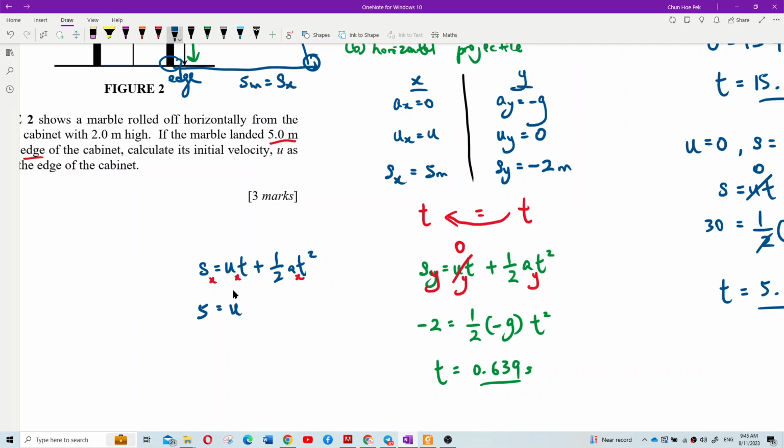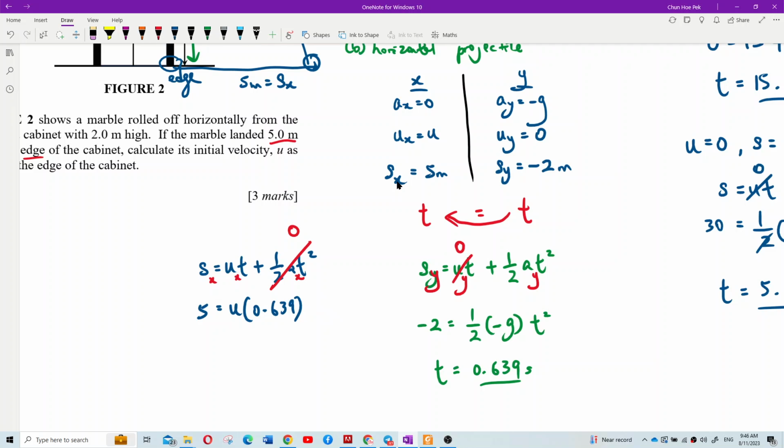So ux is u times 0.639 plus half acceleration. Oh, acceleration is 0, right? Because constant velocity.